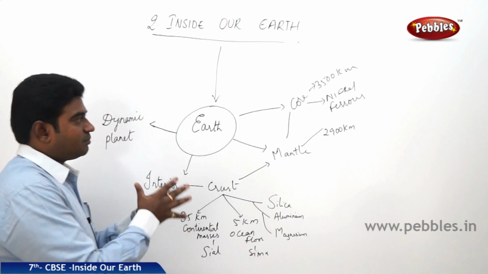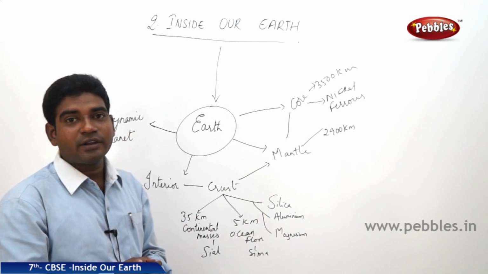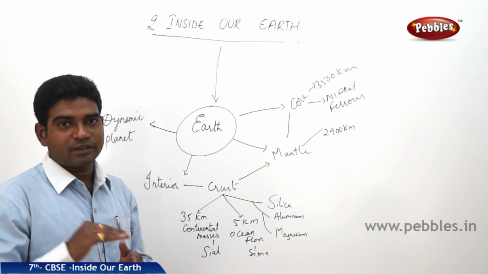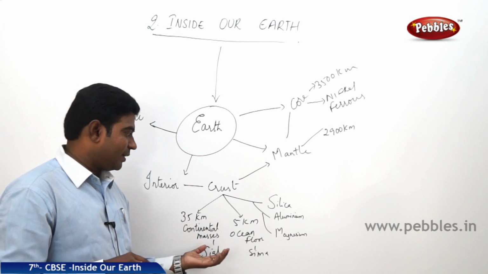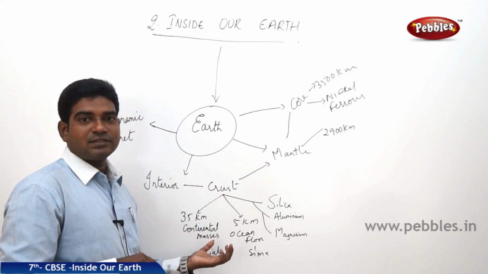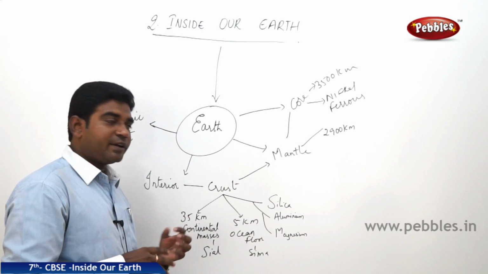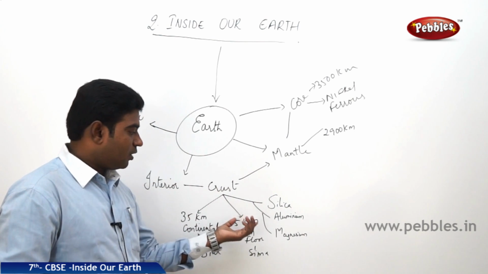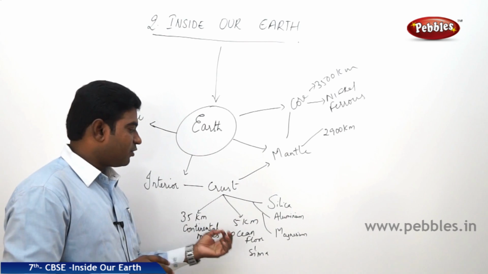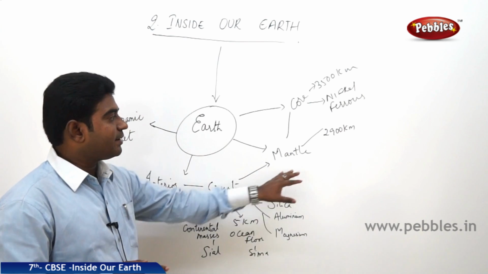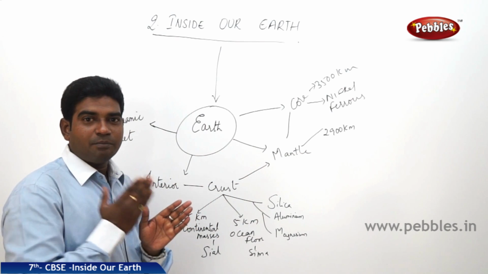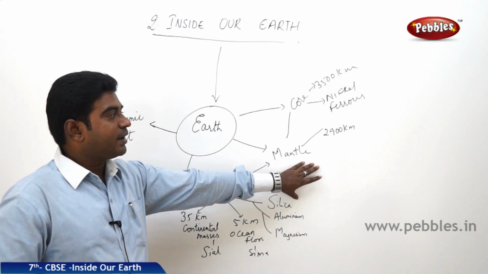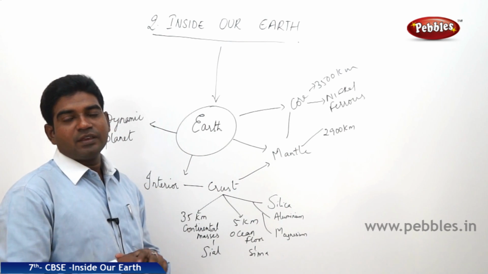The crust, mantle and core are not equally divided like the layers of a pizza. They are divided unequally. First, the crust has 35 kilometers of width on the continental masses, while on the ocean floor it has 5 kilometers. Just beneath the crust, we have the mantle layer, which is 2900 kilometers in radius.